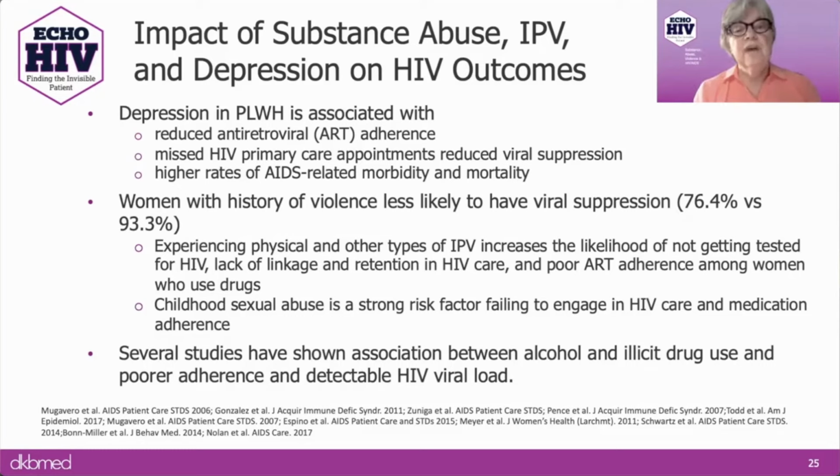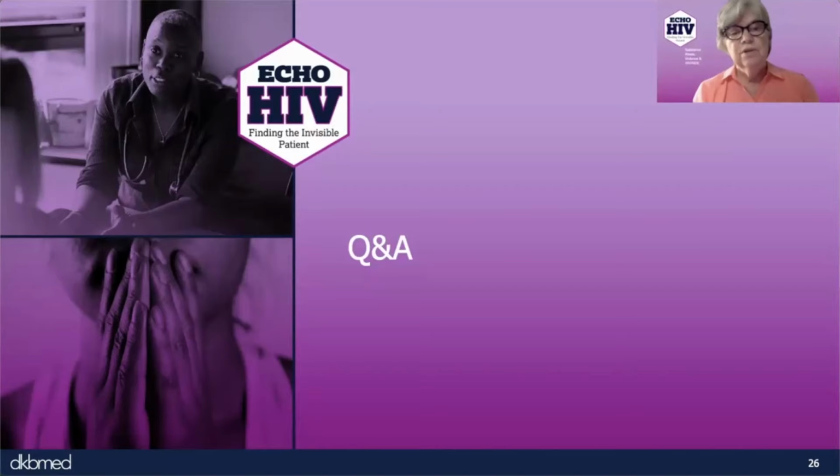Women with a history of violence are significantly less likely to have viral suppression. And several studies have shown an association between alcohol and illicit drug use and poor adherence and lack of viral suppression. And we will turn now to Q&A period.